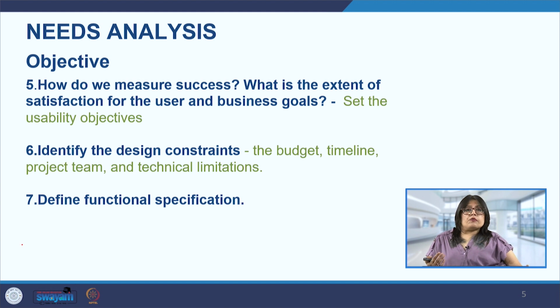So for this particular objective where we have to measure the success, the task completion rate is a good indicator. At the same time, also the number of errors that the user has made.